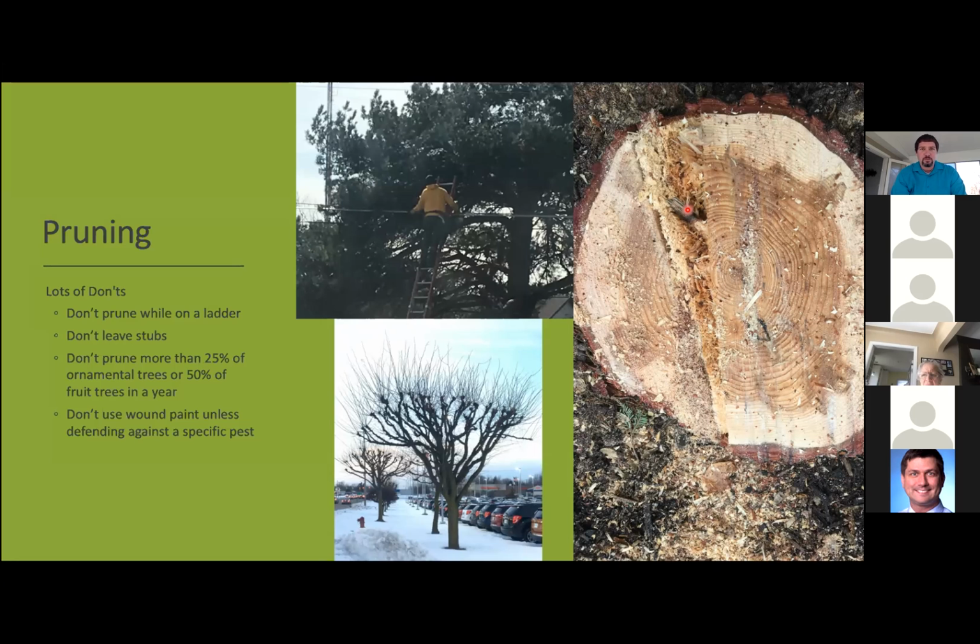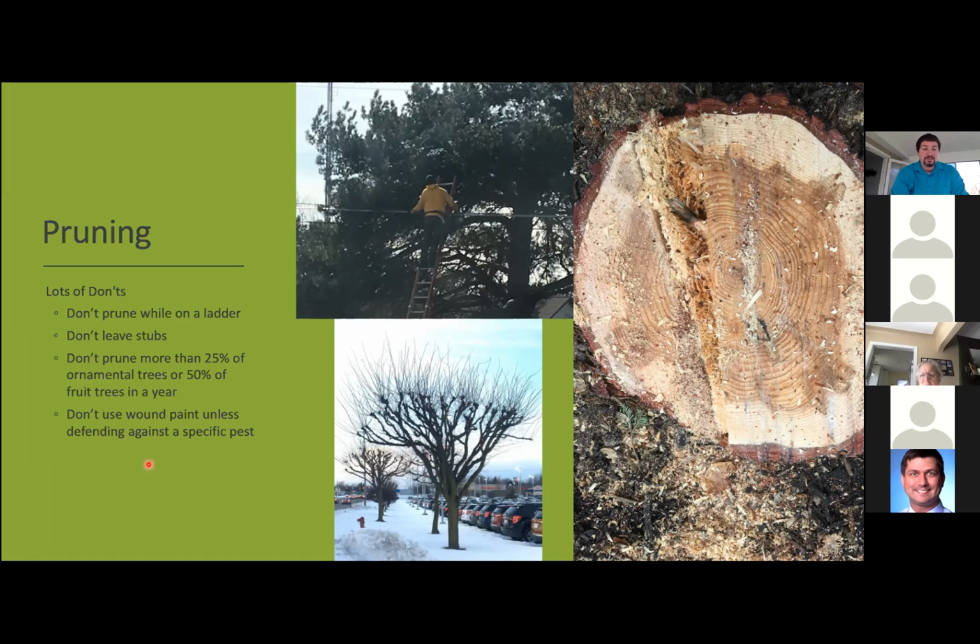Fruit trees are a little bit different. They sort of function differently. And there you can take up to 50% of the canopy because they do want a lot of that increased airflow. But on oaks, maples, beeches, birches, hickories, crab apples, red buds, those sorts of things, 25% is the limit.